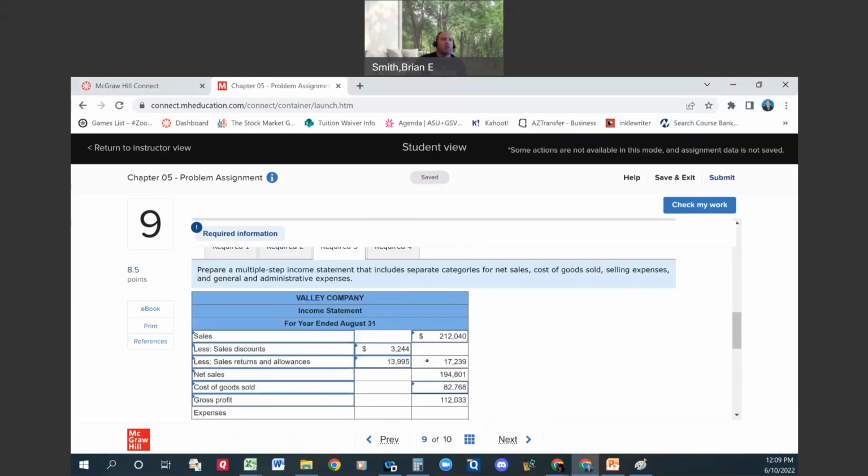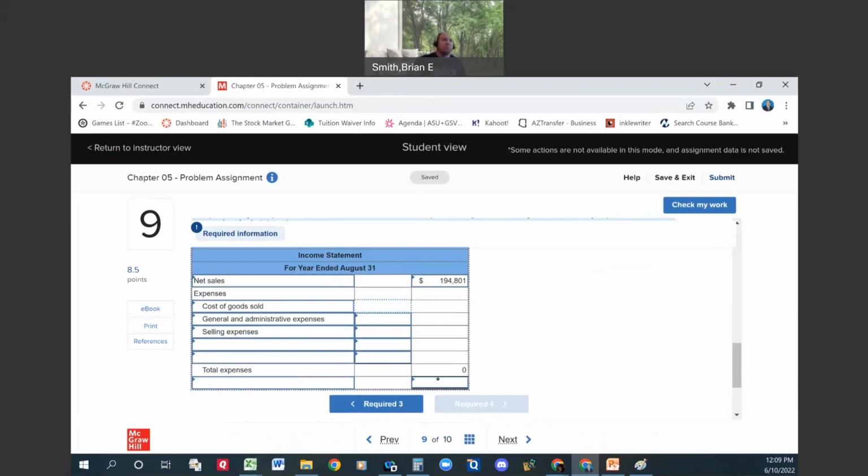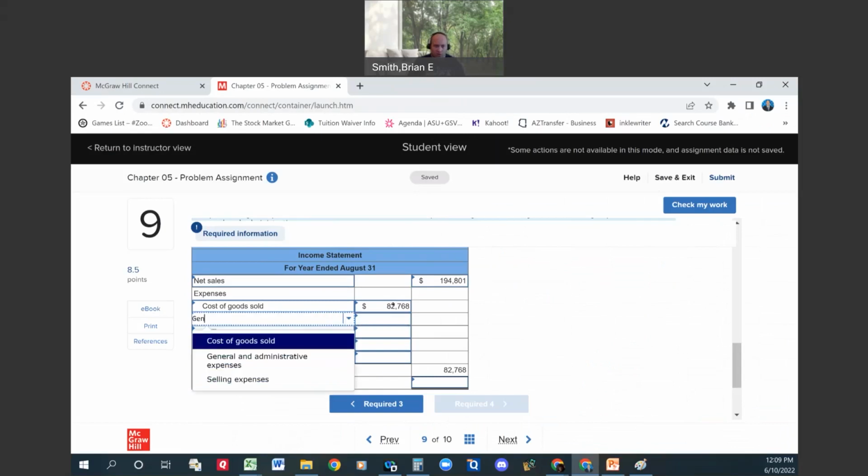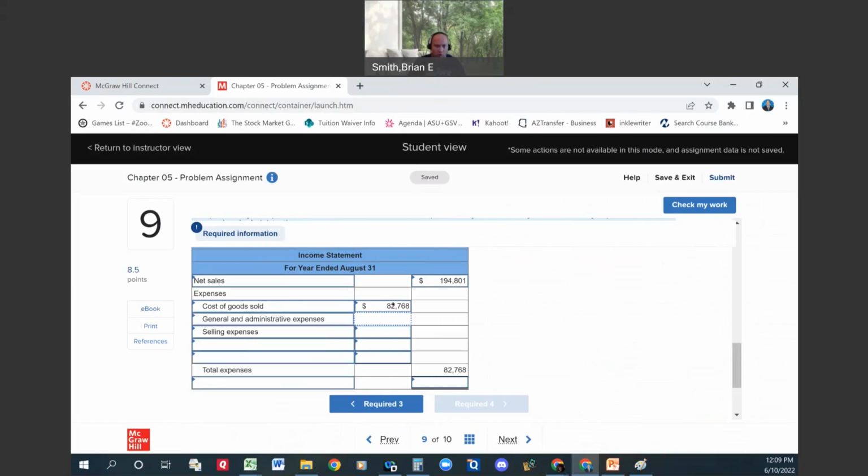Okay. Cost of goods sold. I'm just going to bring this over to my other screen so that I can see it while I'm doing it. You'll know I pulled it from there. Cost of goods sold was 82,768. General administrative expenses were 29,897, and selling expenses 59,582.